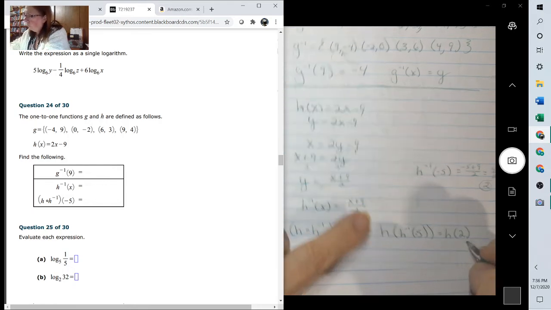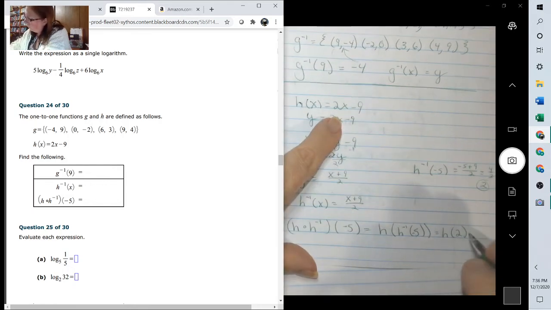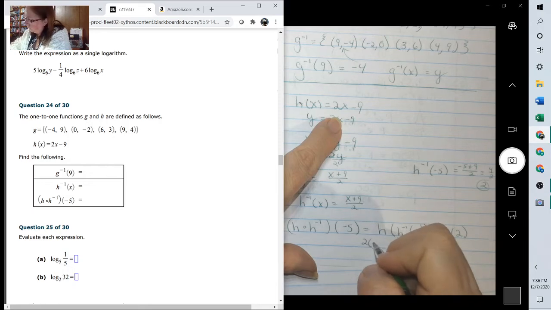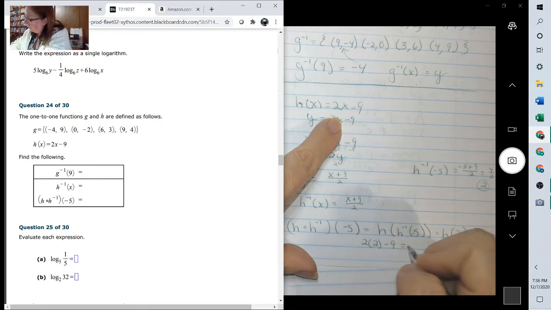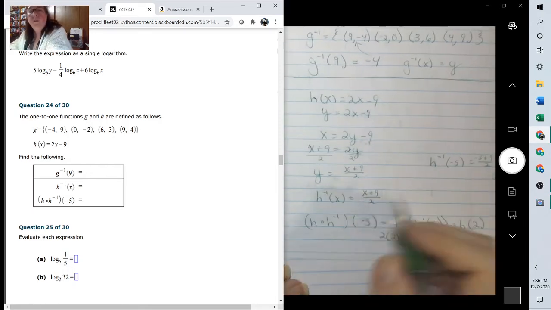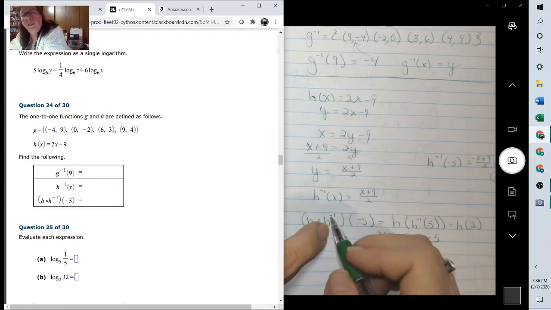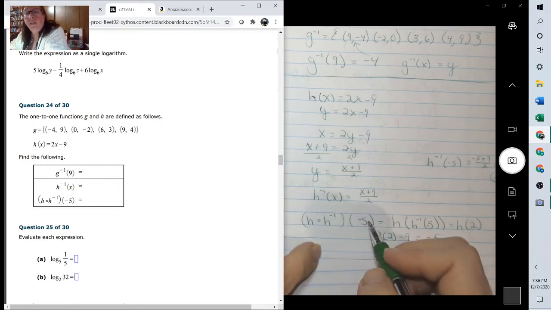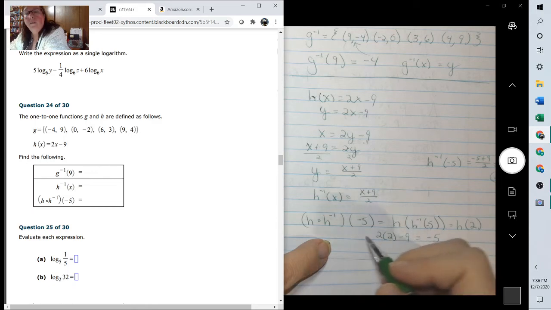H of 2, going up here, is 2 times 2 minus 9, which is -5. So when you have a composition and you plug it into one and then plug it into the other, it gives the original back. So you could have just said -5.